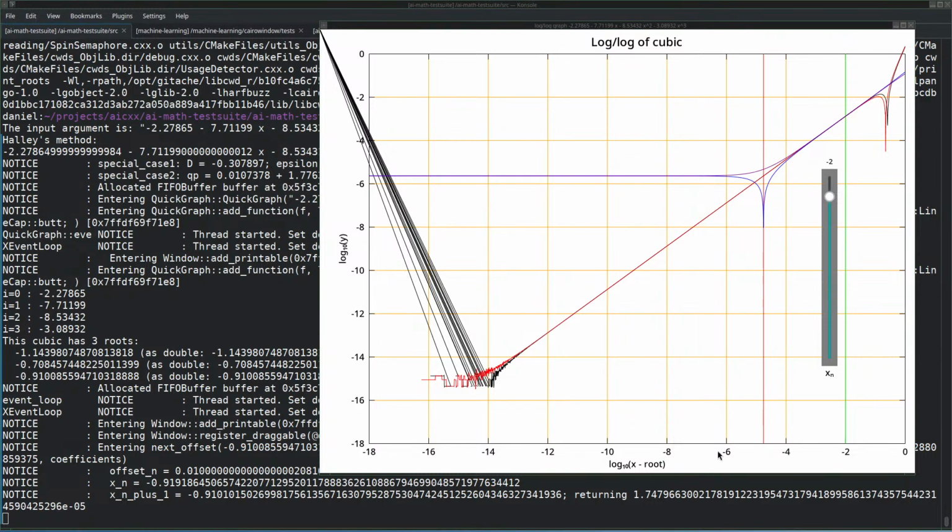So if we are on one side of the root, then we get black or red. And then if you move to this side, we go through the root at minus infinity, and then we come back. And then we get the other one. So one of them is red and the other one is black.